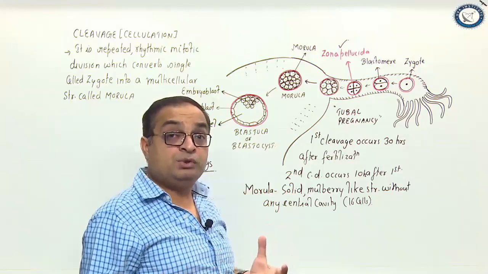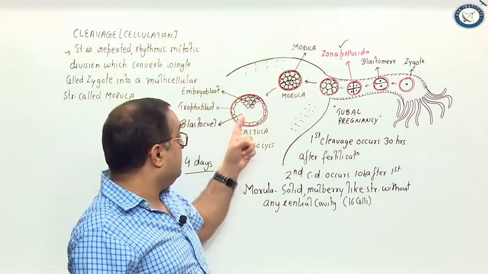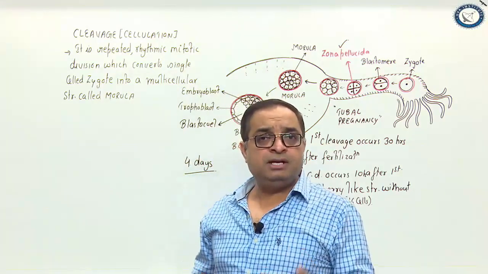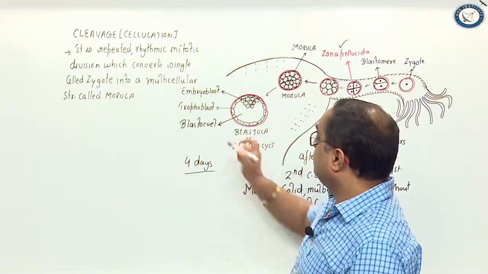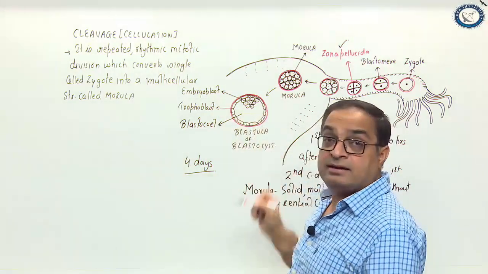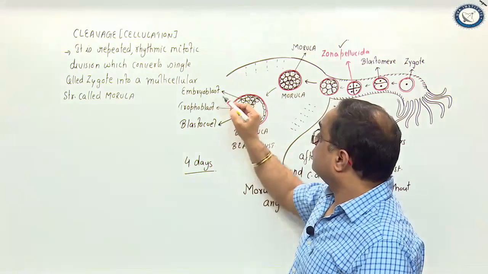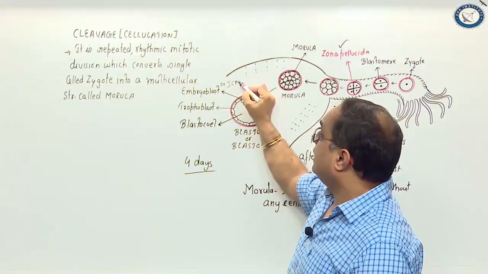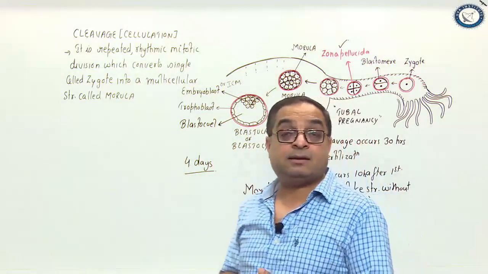It absorbs nutritive substances, it develops a central cavity called blastocele, and the cells of the morula rearrange themselves into an outer layer called trophoblast, and a few cells attached at one corner, called embryoblast or ICM. The ICM stands for inner cell mass.